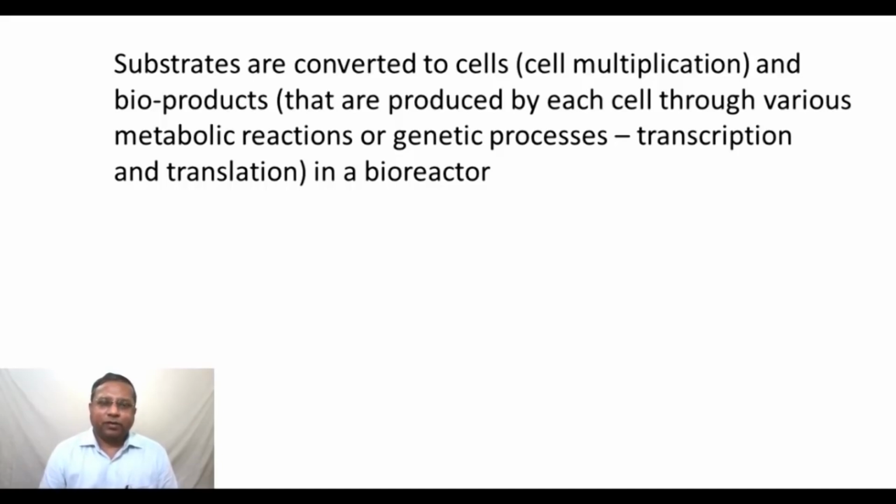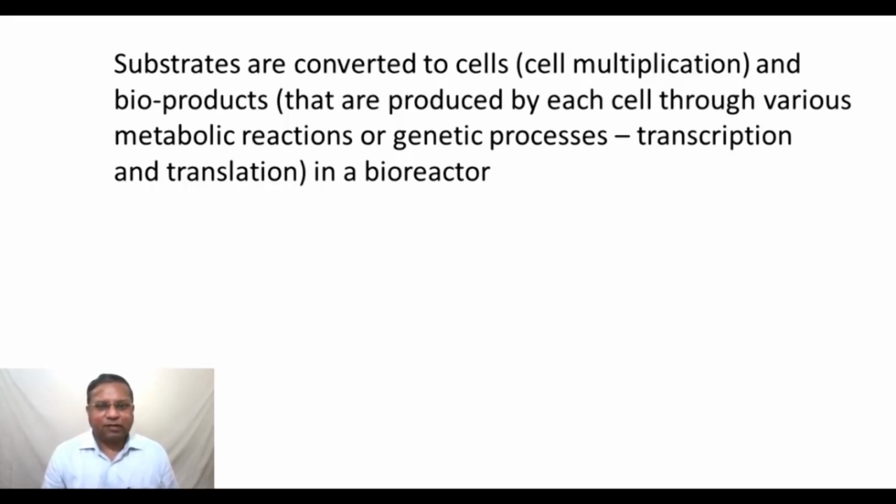Okay. The substrates, something called substrates, we have already seen what a substrate is. We will see that in detail now. Substrates are converted to cells through cell multiplication and bioproducts. The bioproducts could be made by the metabolic reactions inside the cells or the genetic processes inside the cells.